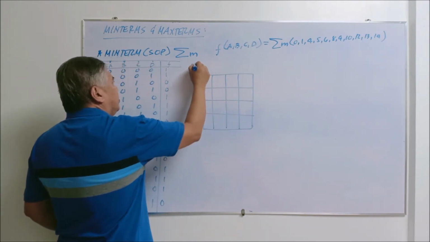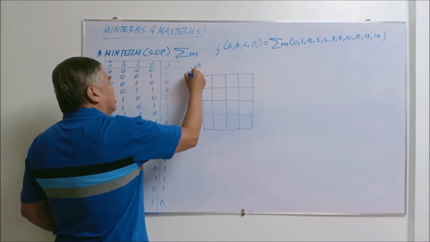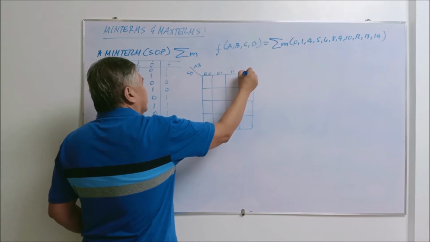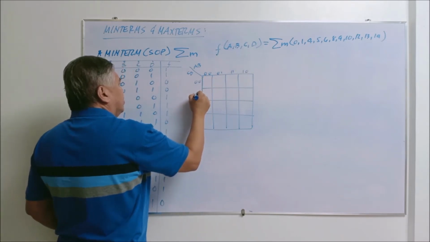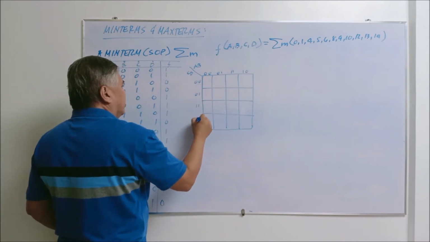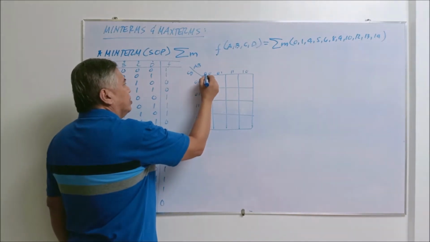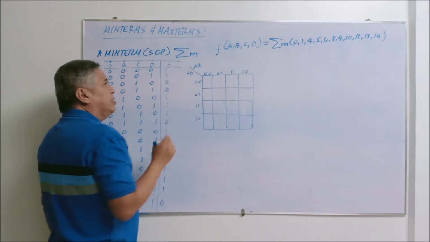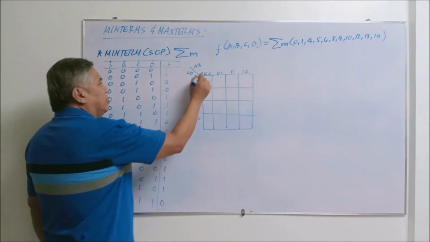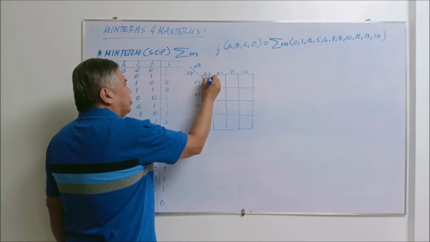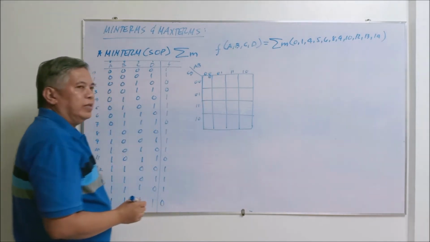So you have inputs A, B, C, D. Again, 0, 0, 0, 1, 1, 1, 1, 0 for both. Now, this cell here belongs to 0, 0, 0, 0. In decimal number, 0, 0, 0, 0 is 0, so you place a 0 at the topmost part of your cell.